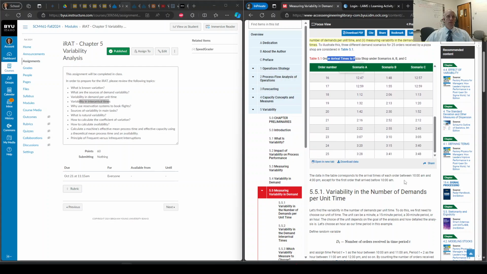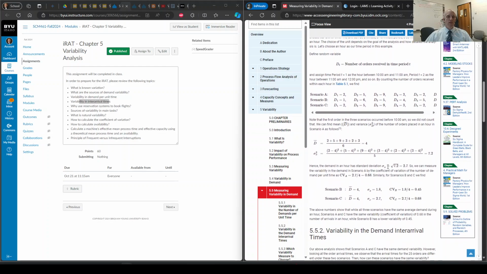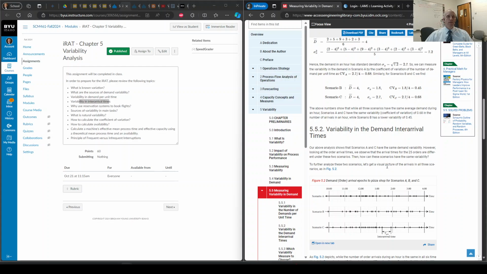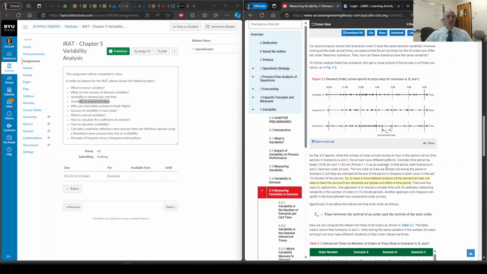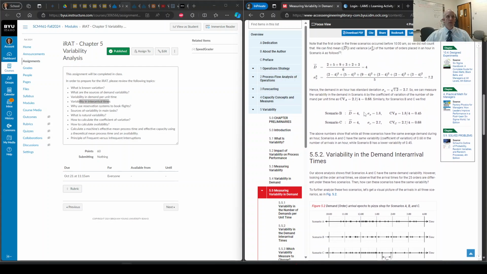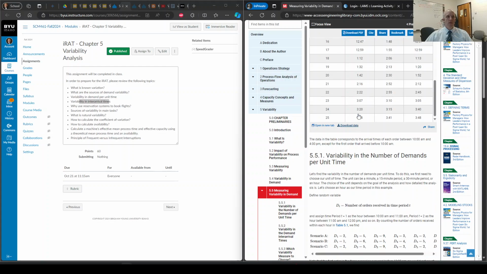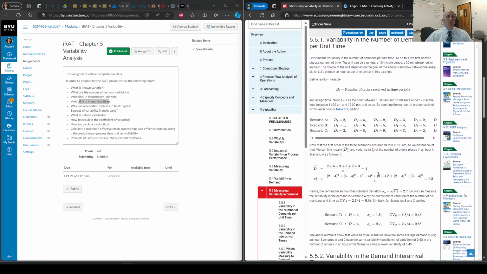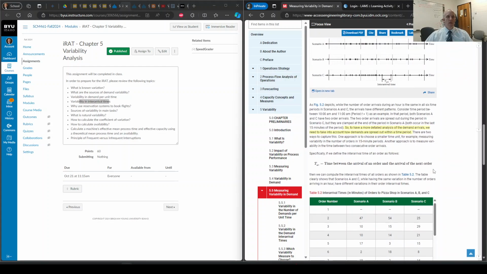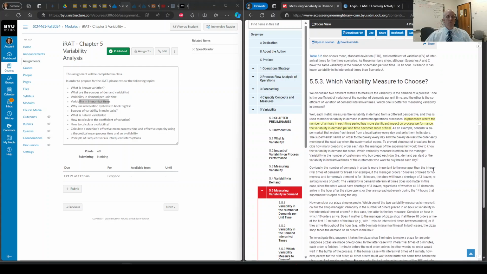Let me show you the other example here. So one is the pizza shop example. Another example is, I believe it's a bakery at a grocery store. Yes, so in 5.5.3, there's an example about a supermarket that orders fresh bread from a local bakery.